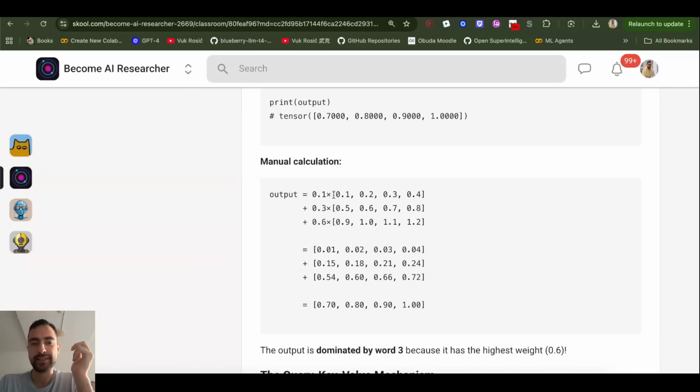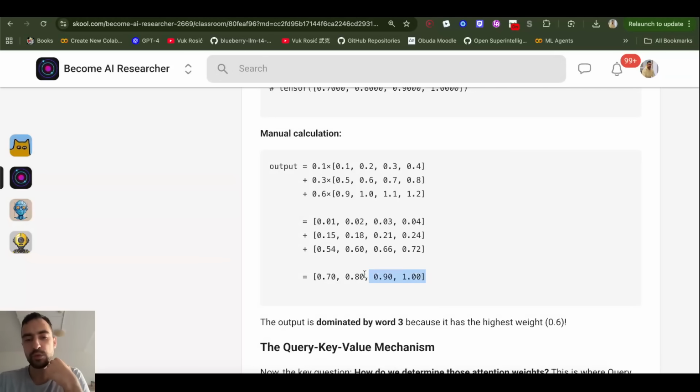This is the example, so multiply each vector. So you get these numbers, and then you add: this guy goes here, this guy goes here, this guy, so you add all of the third elements into this, all of the fourth elements into this. So this is the weighted value vector that you get in the end.